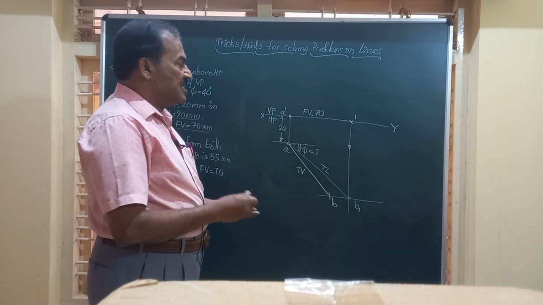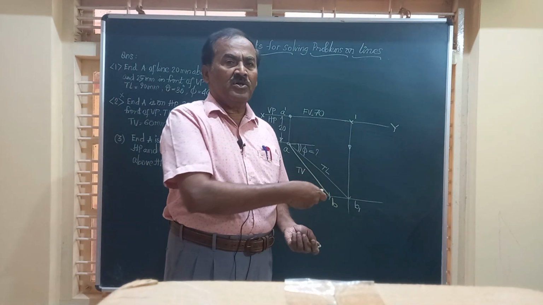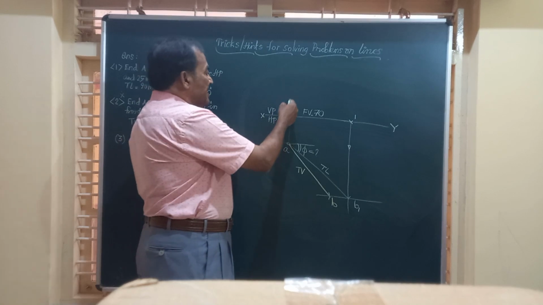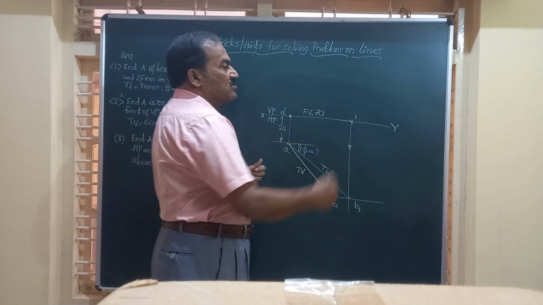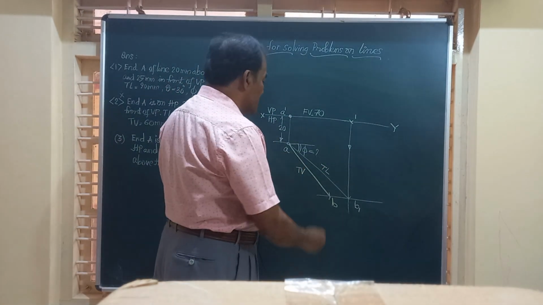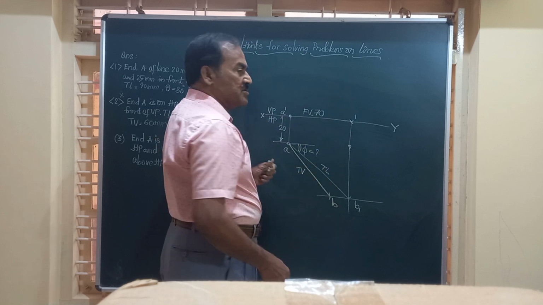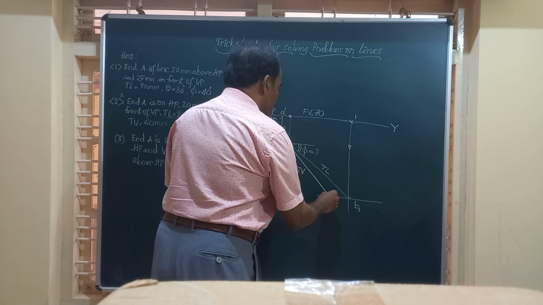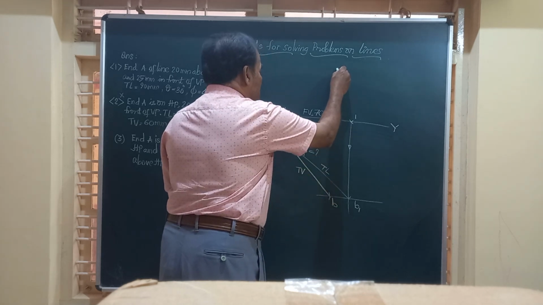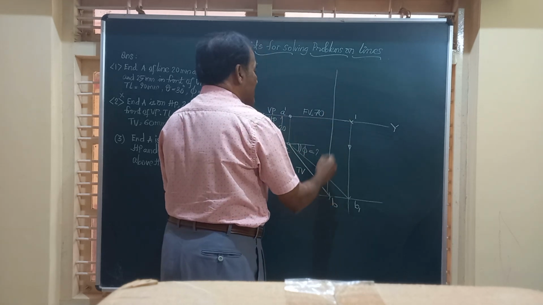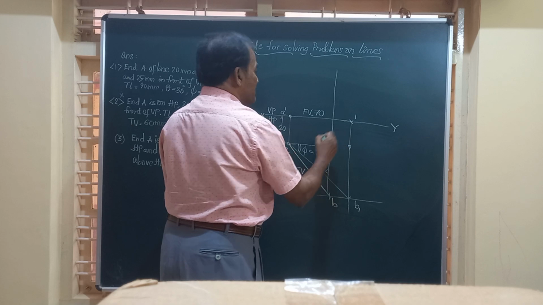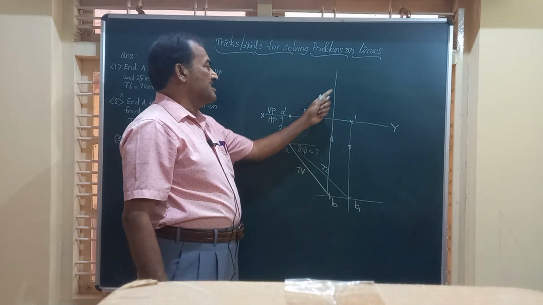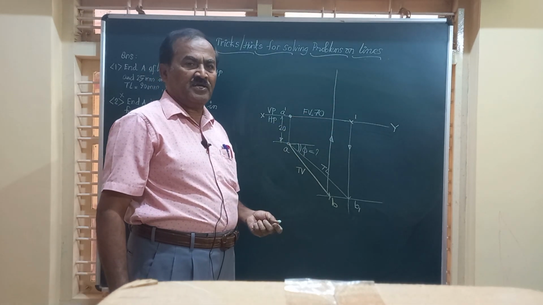Friends, in the same video, in question number 1 I told you, when A dash A lie on a vertical line perpendicular to XY, so also B and B dash should lie on the same vertical line. So friends, what I do, through this point B, I am going to draw a vertical line upwards, on which you should have the point, that is B dash, the front view.